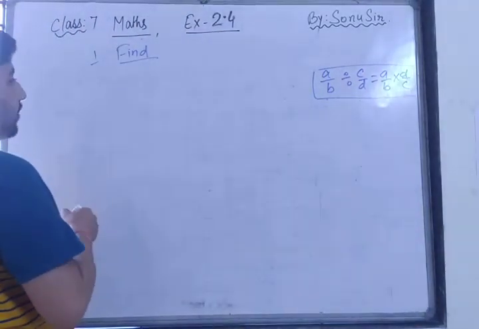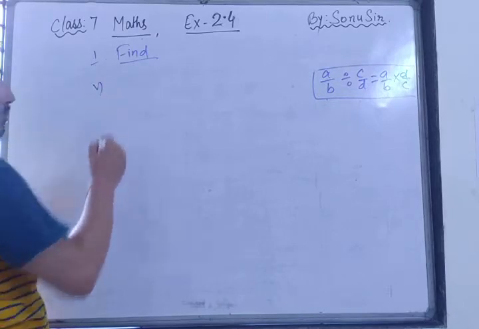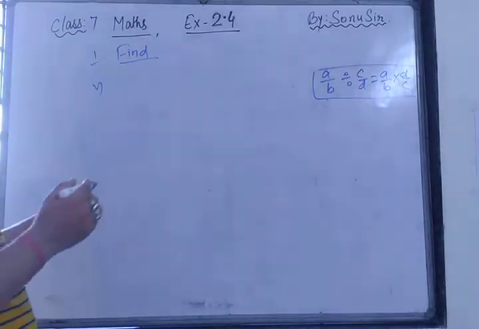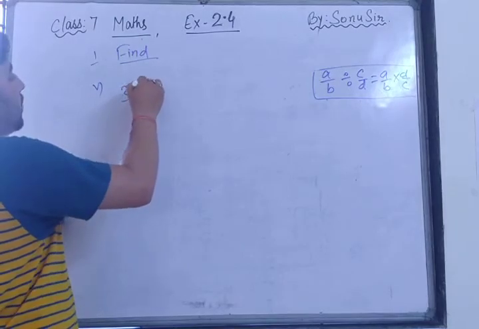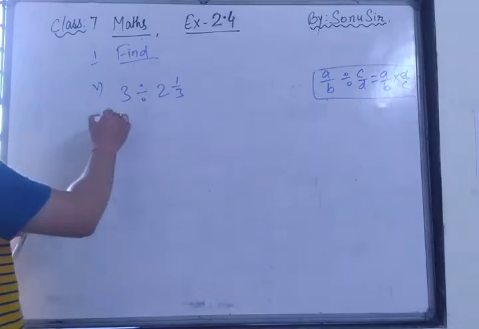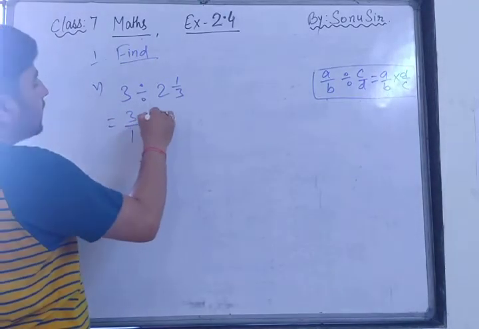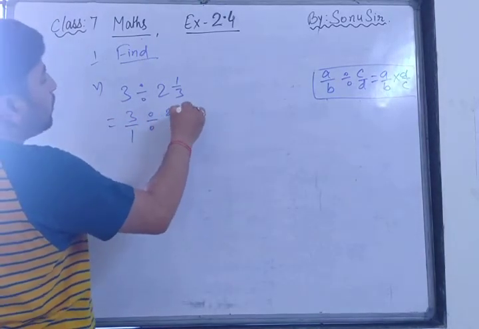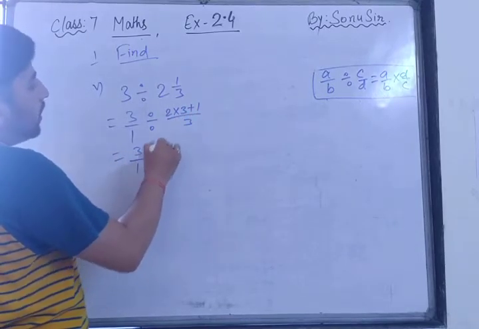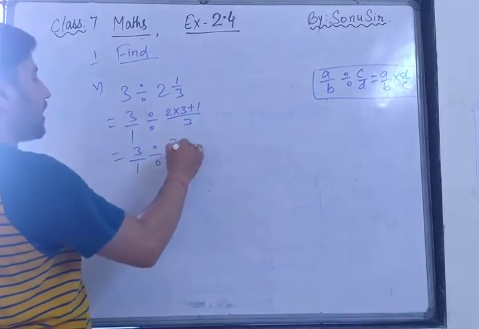The 5th question is 3 divided by 2 into 1 by 3, right? So first of all we will break this. This means 3 by 1 and this means 2 into 3 plus 1 by 3, right? So 3 by 1 divided by 3 2s are 6 plus 1, 7 by 3.